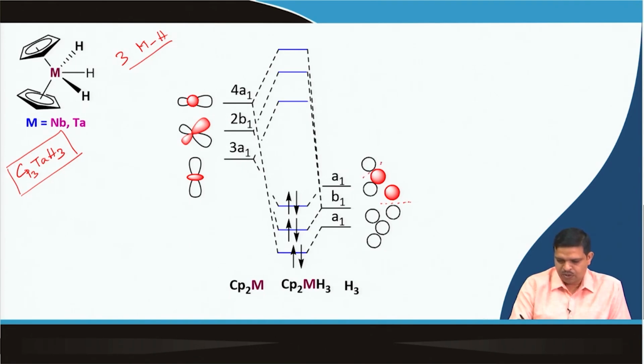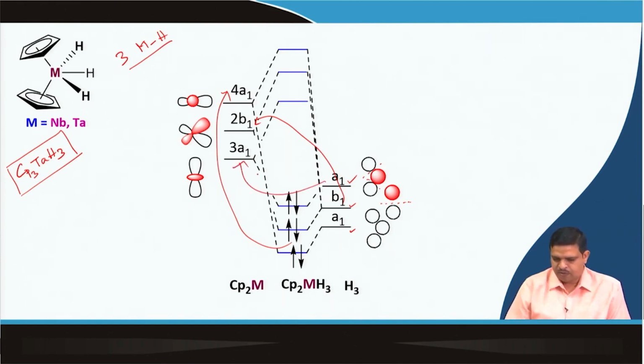This is the nodal plane, okay. Now, I have an a1, a b1 and another a1. If you match with the symmetry again through the SALC approach, the b1 is matching with this one, and this a1 is matching with this one, and this other a1 is matching with this one.